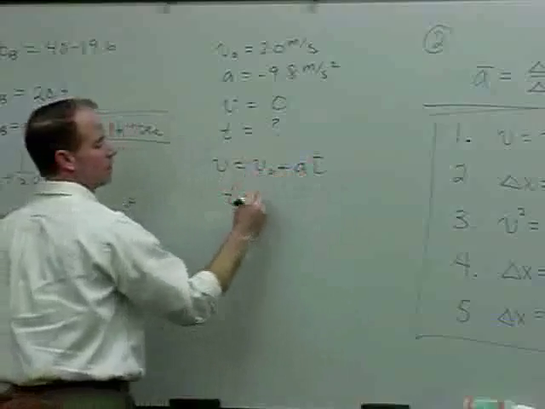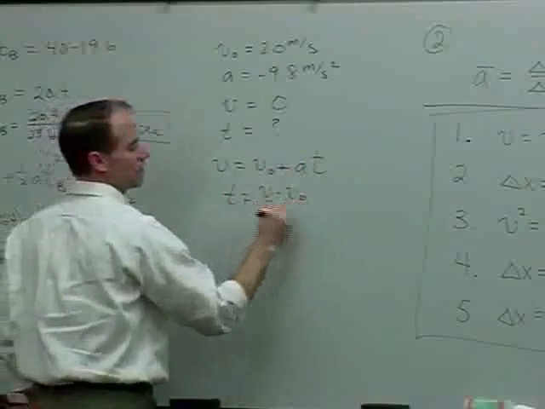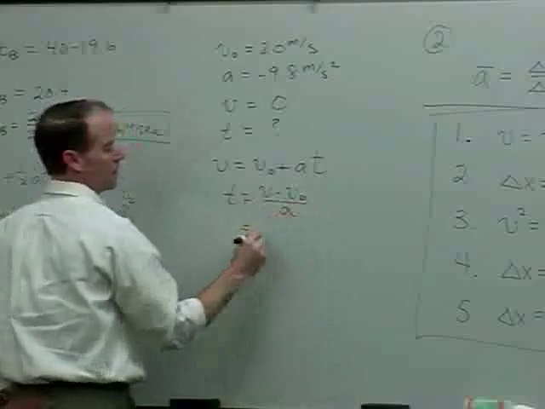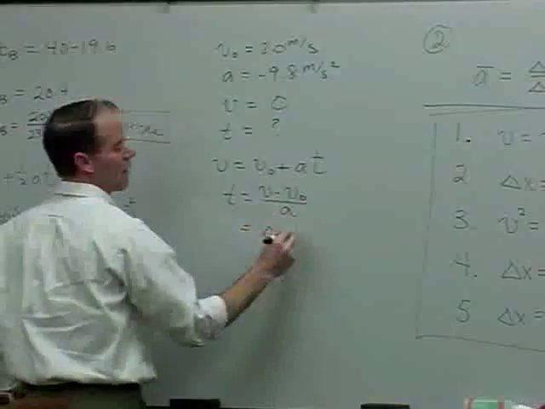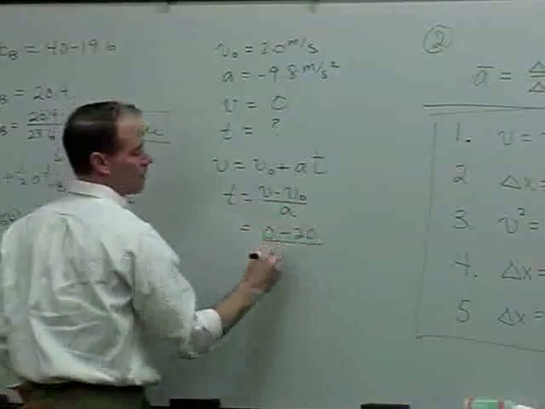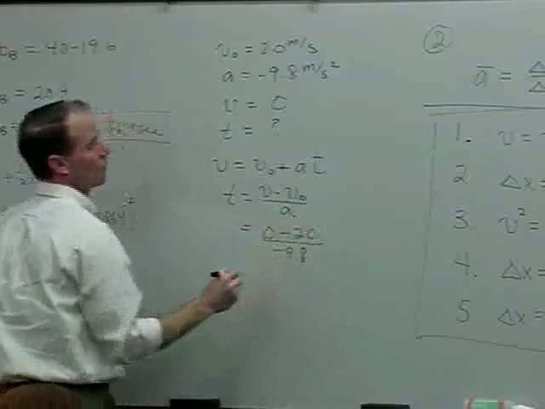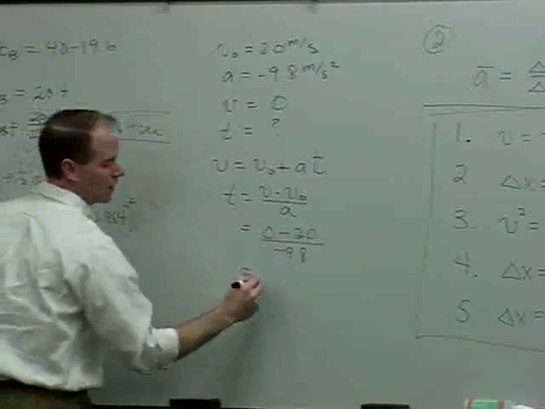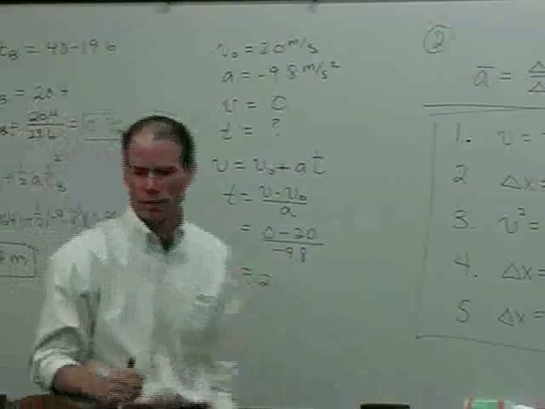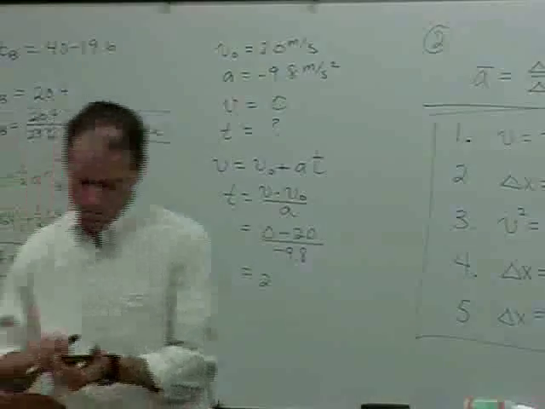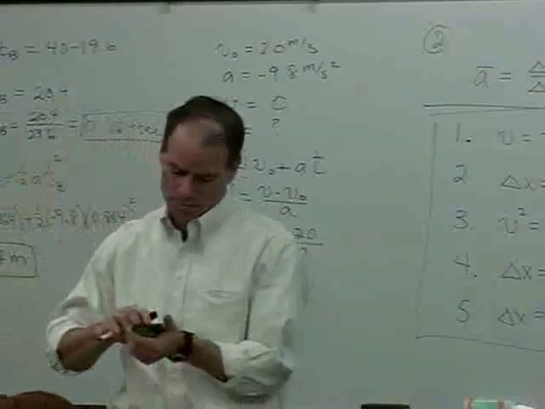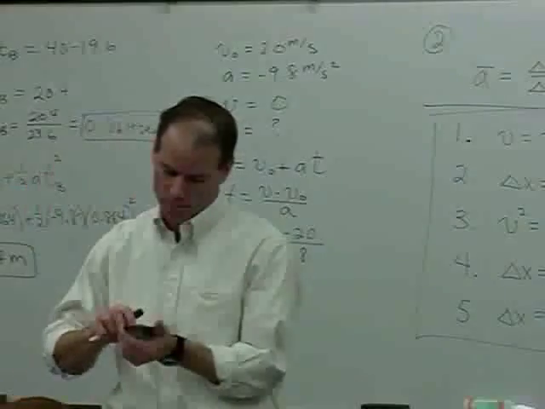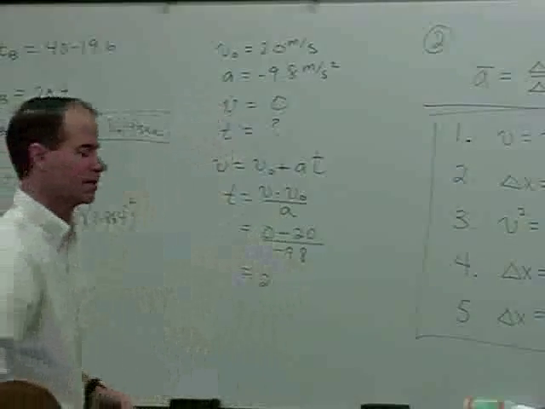So time will equal final velocity minus initial velocity divided by acceleration. That will be 0 minus 20 divided by negative 9.8, which would be 2.04 seconds.